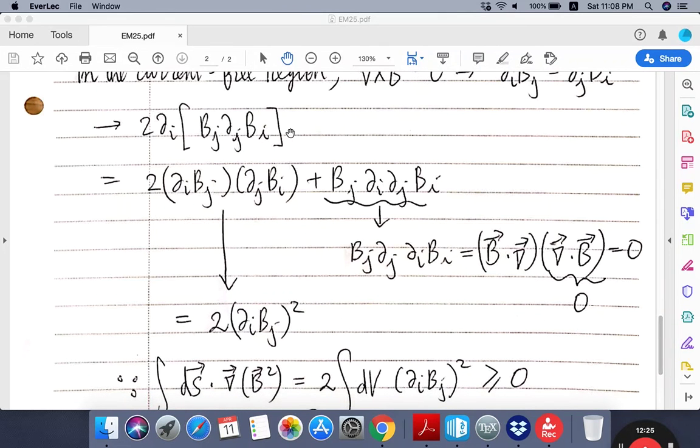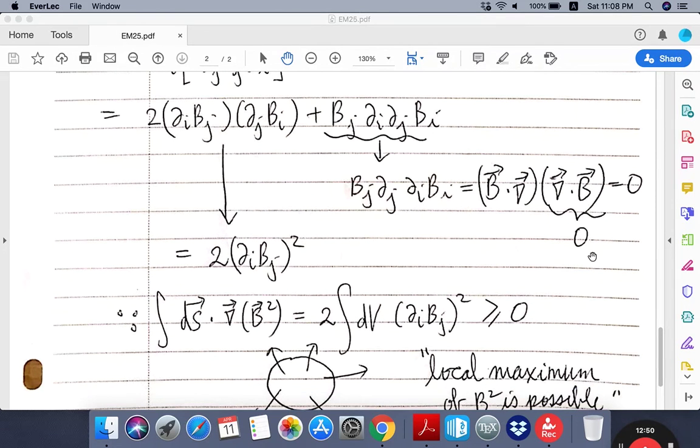Then this expression equals the sum of this part and this part. But the second part, after a little bit of manipulation, becomes 0 because it ends up being some sort of derivative acting on the divergence of the magnetic field.